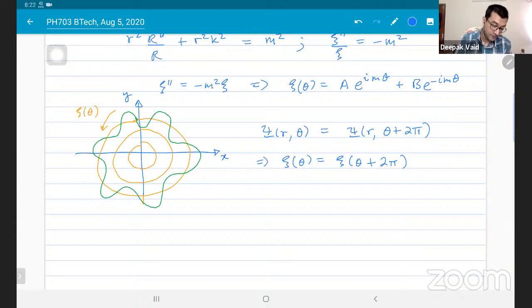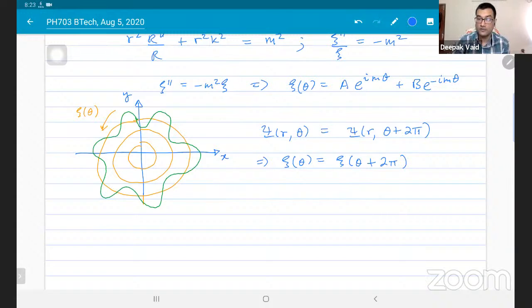Okay, and this means that this expression, this theta. So we'll see what consequence this has.